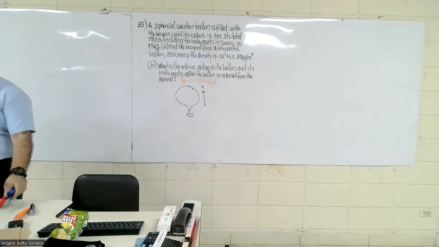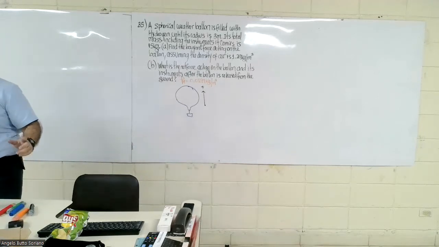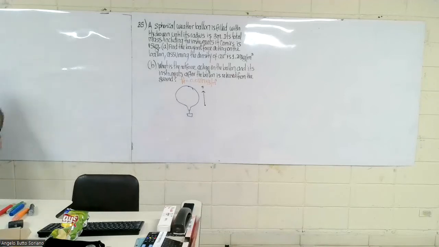Now, let's look for the first question: find the value of the buoyancy force. Do you remember the equation for the buoyant force? That will be equal to the liquid density times the submerged volume times gravity. But in this case, there is no liquid. We're talking about air.